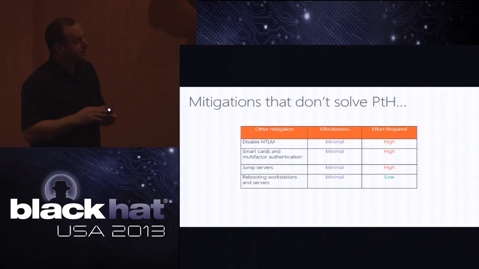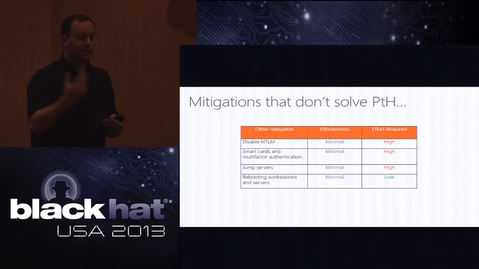Jump servers also suffer from a similar thing. Does everybody know what jump servers are? You RDP into a server and then you do administration. So with a jump server, you still have to type your password in. You still have to type in various other credentials. You have to prove who you are. And that machine has access to that original proof.